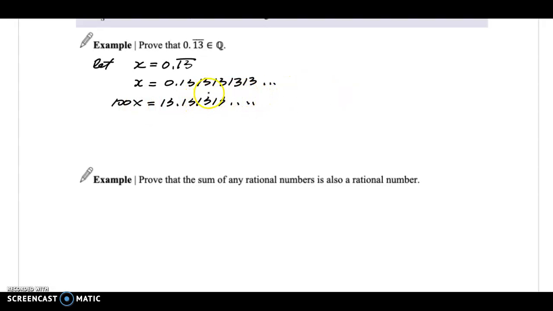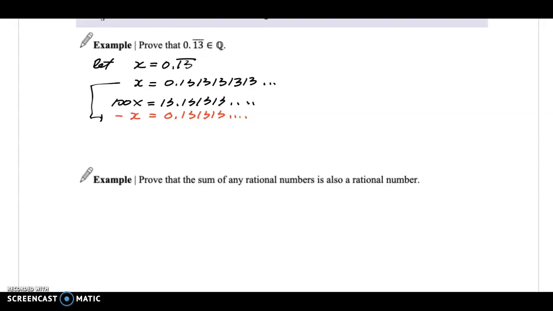So at this point you can subtract one from the other. I'm going to subtract x, which is 0.131313 dot, dot, dot.